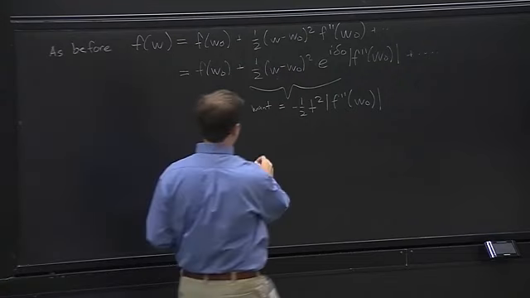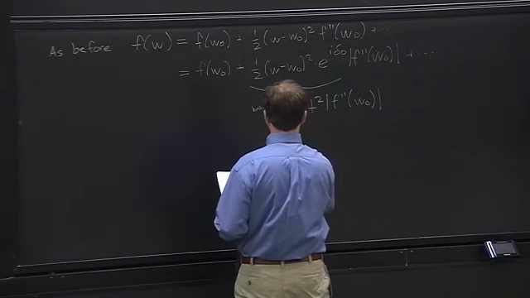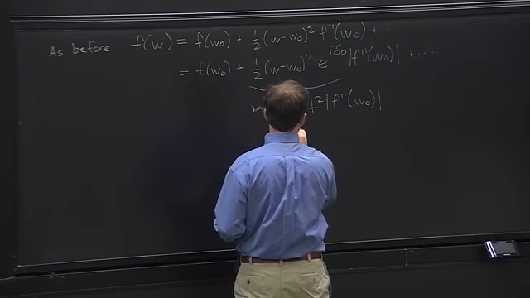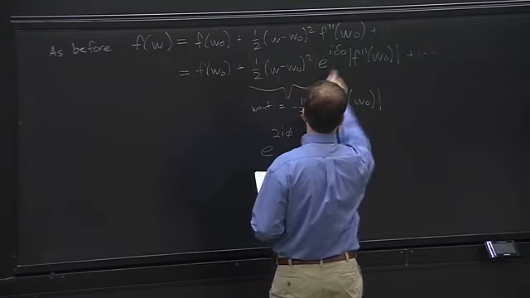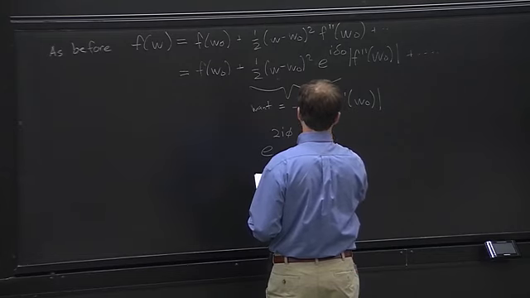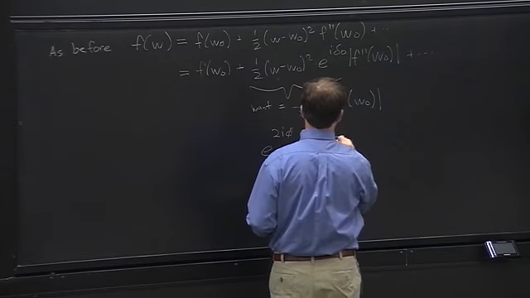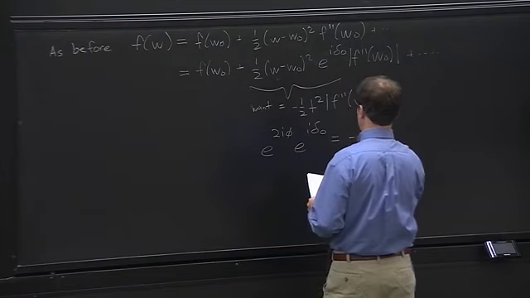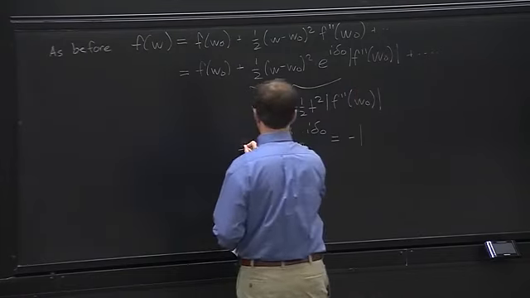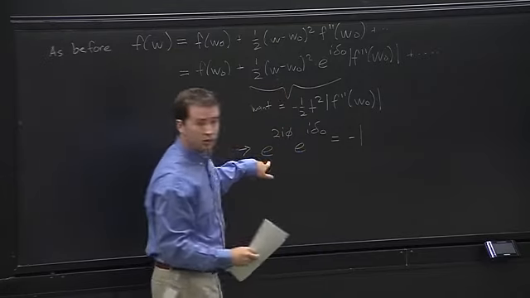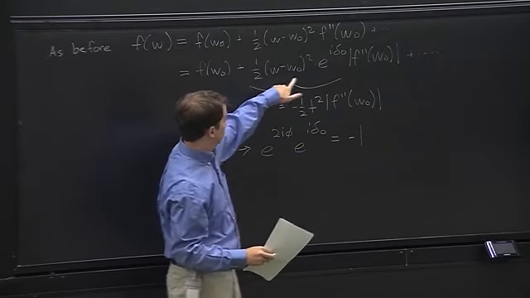What we get is e to the 2i phi times e to the i delta naught equal to minus 1. That's just keeping track of the phases.